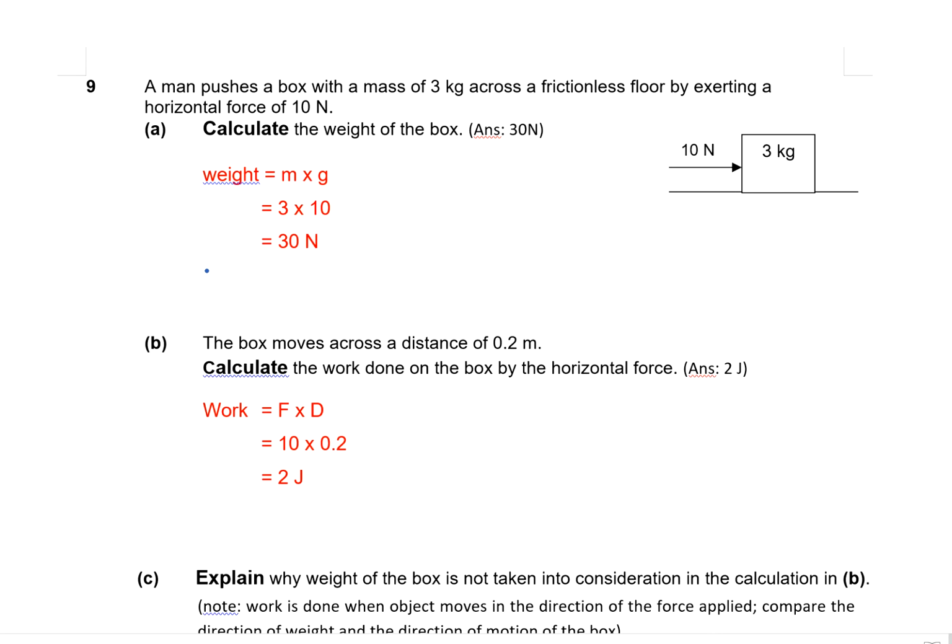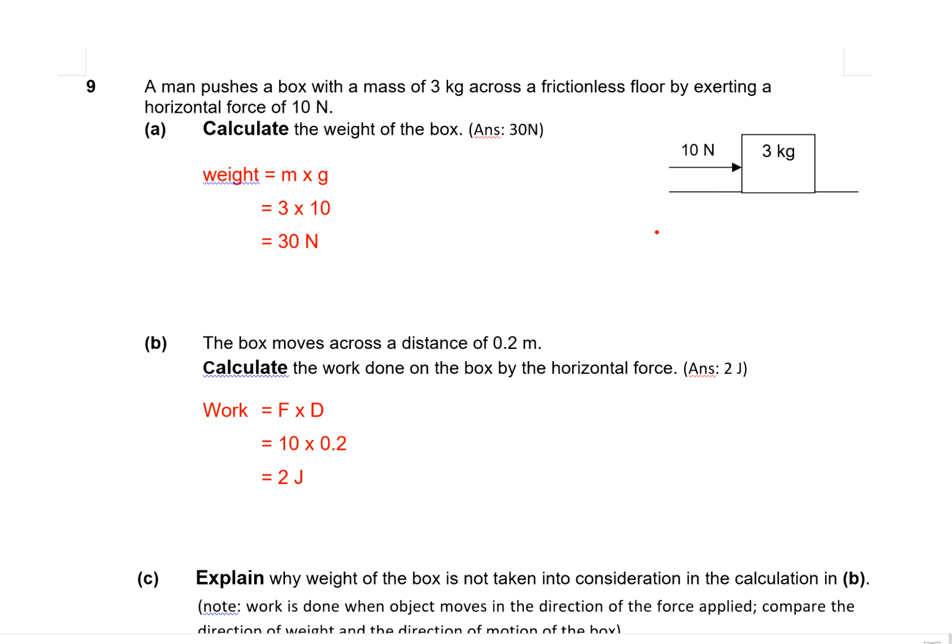All right, question 9. A man pushes a box and the mass of the box is 3 kilograms and you exert 10 newtons. So calculate the weight of the box. So again, weight is equal to mg. Although the gravitational field strength is not given, I can assume that you know that it is 10 newtons per kilogram.